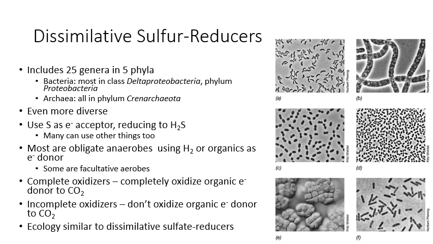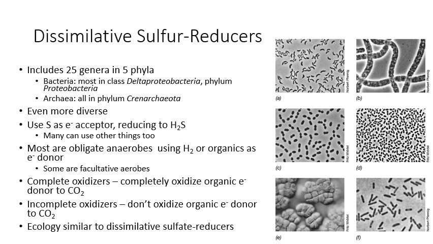For Archaea, all of the genera of sulfur reducers are in phylum Crenarchaeota. For bacteria, again, most of them are in class Delta Proteobacteria in the phylum Proteobacteria. They're also very diverse, actually even more diverse than the sulfate reducers.